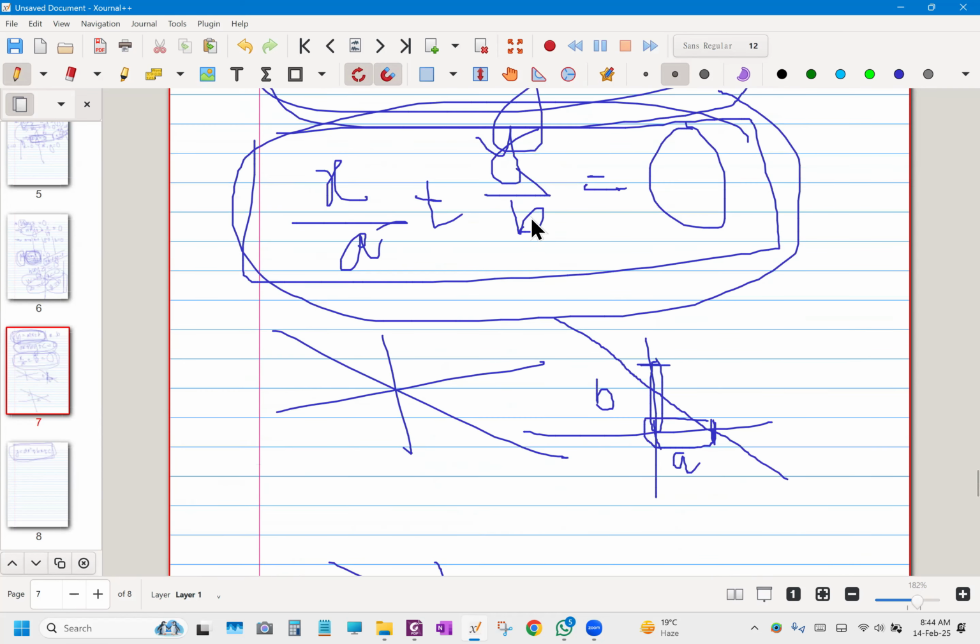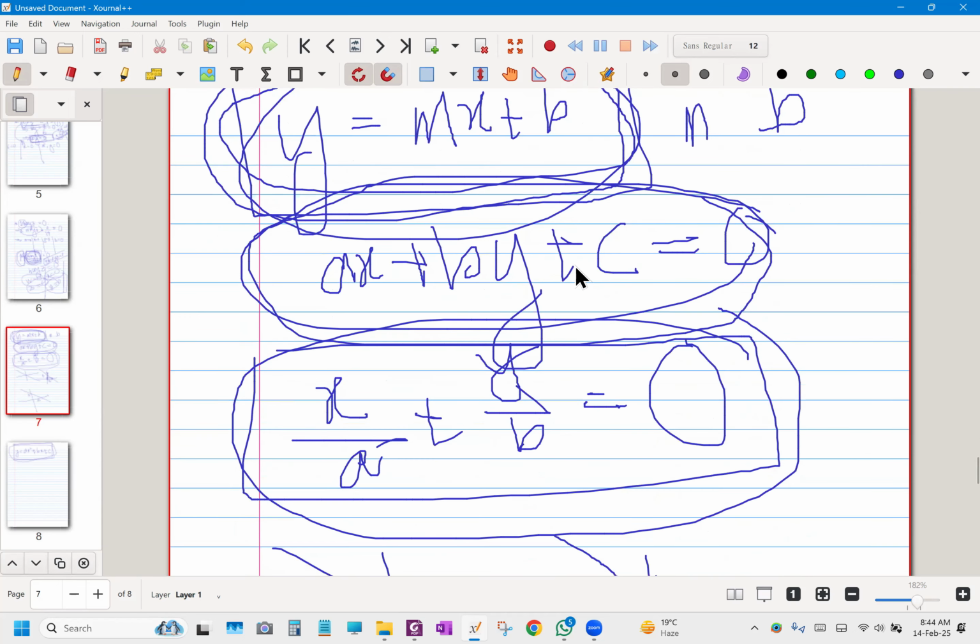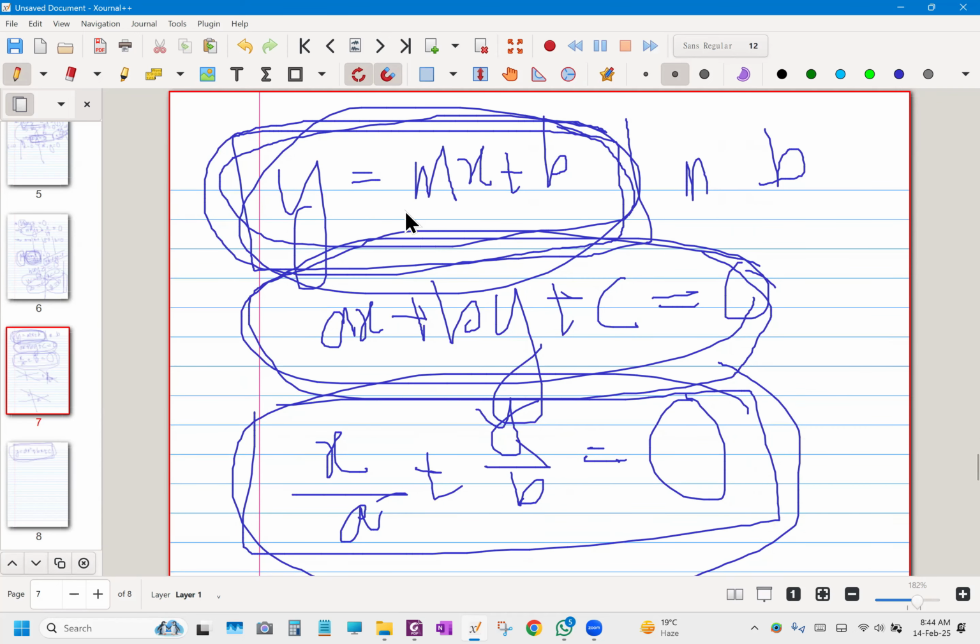So what I mean is that each different form of equation for a given type of graph, whether a straight line, a parabola, an ellipse or a hyperbola, has some advantages and disadvantages.